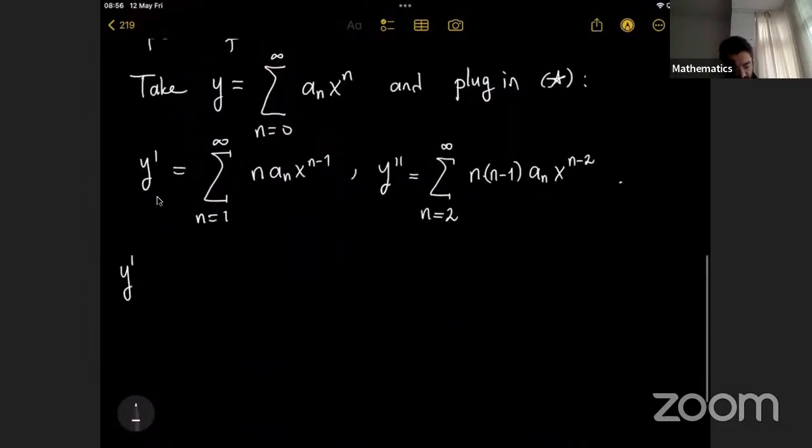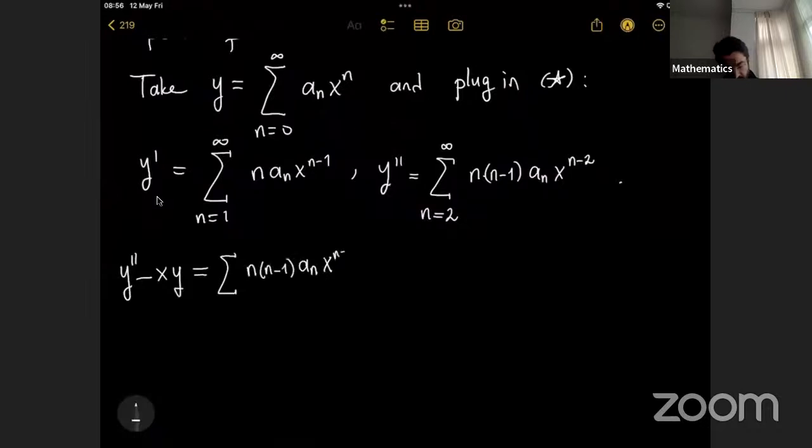So y double prime minus x times y will be equal to 0. y double prime is the sum of n times n minus 1 a_n x to the n minus 2, minus x times y. x times y is the sum of a_n x to the n plus 1, n is from 0 to infinity, right? You multiply y with x, you get this.